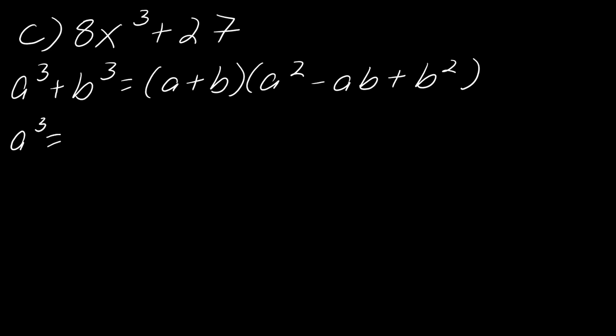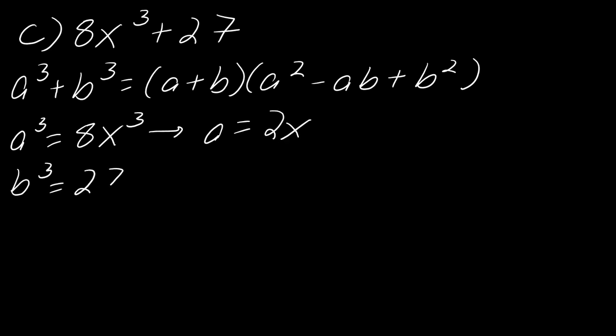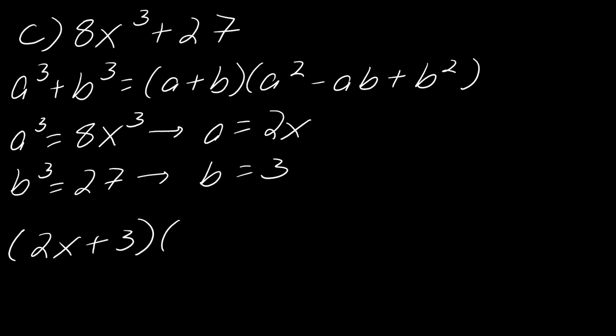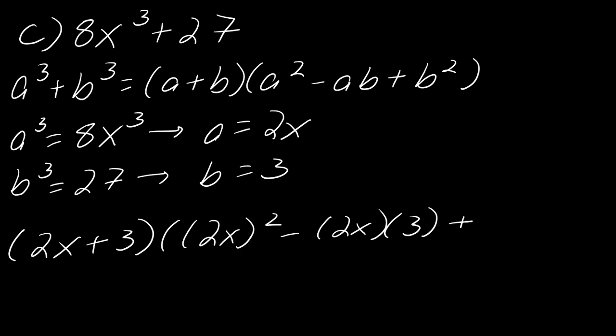So in my a cubed spot, I have 8x cubed. So that means my a will be just 2x. And in my b cubed spot, I have 27, so that means that my b will just equal 3. So this will factor then as 2x plus 3 times all of 2x squared, minus 2x times 3, and then plus 3 squared, which is 9.